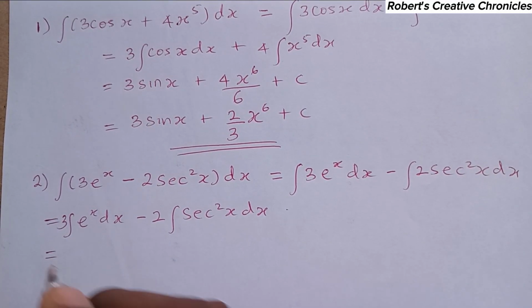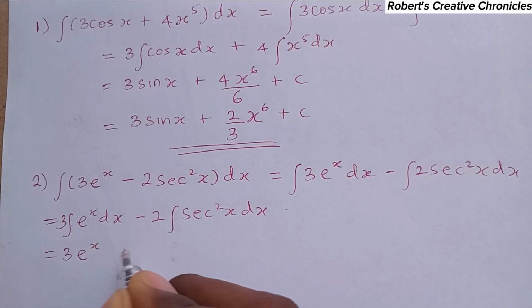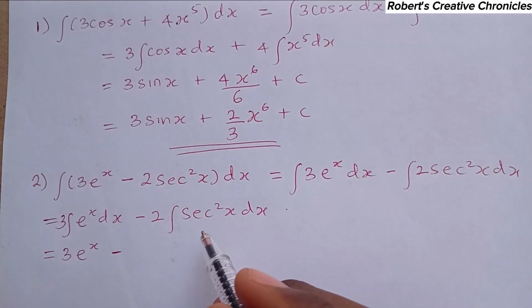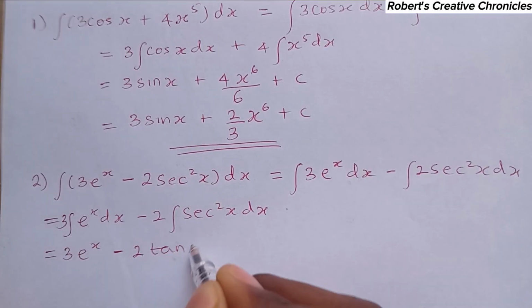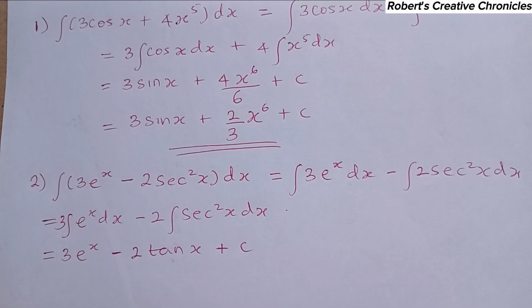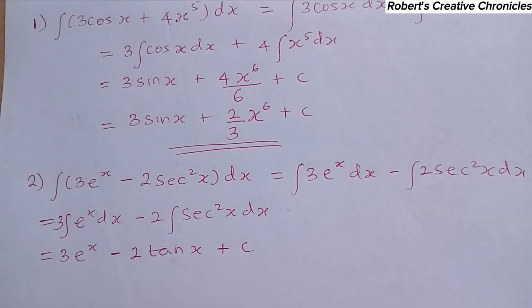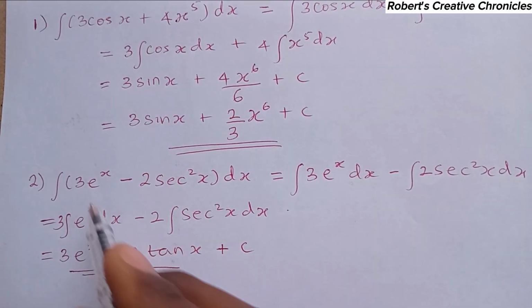So this becomes what? The integral of exponential x is exponential x, minus the integral of sec square x is what? Is tan x. So it becomes minus 2 tan x, then plus c. So this is the integral of this function.